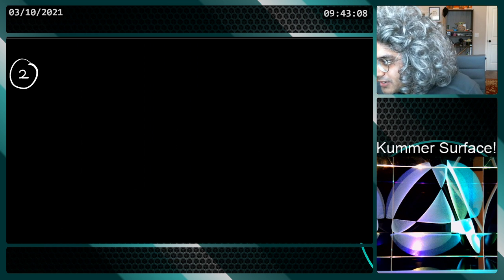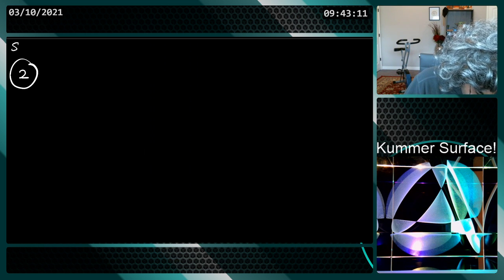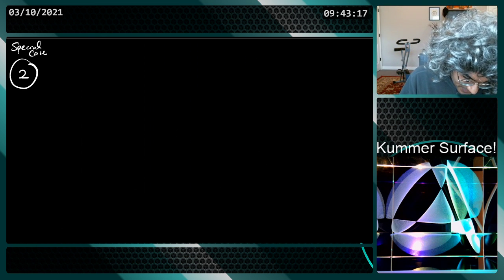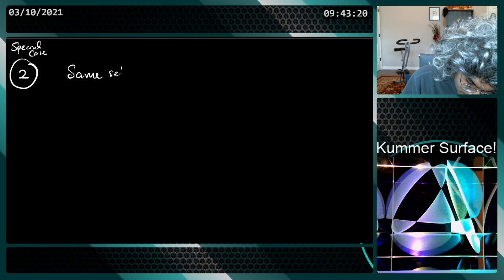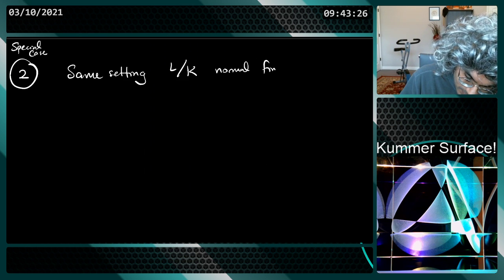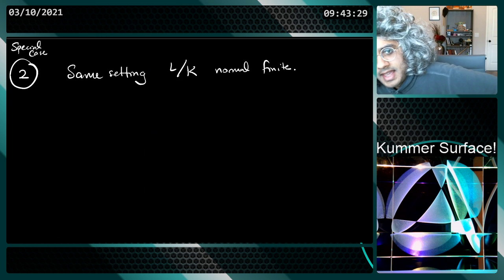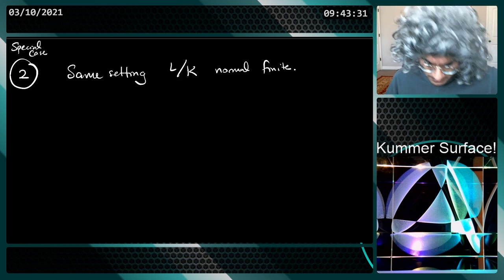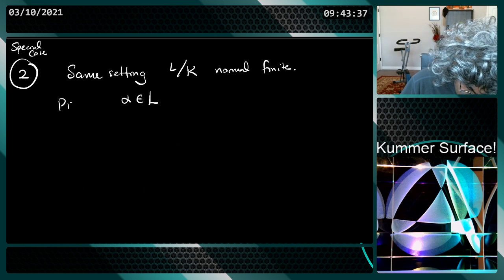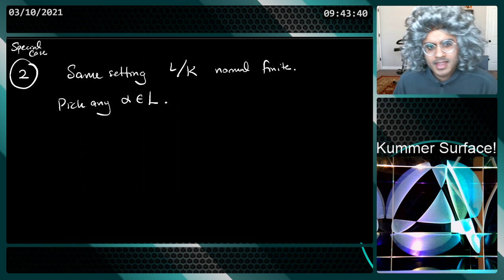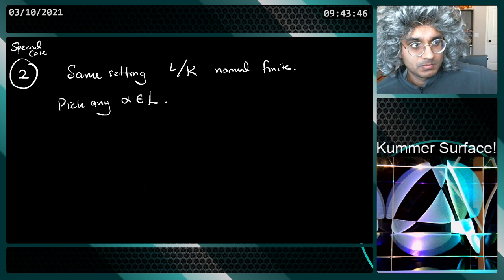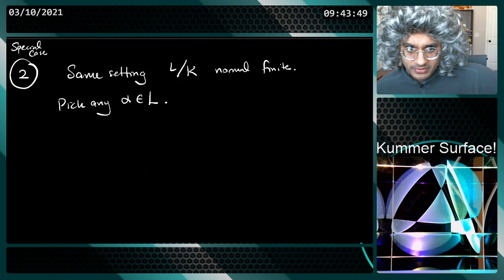Okay? As a corollary, as a special case of this, suppose you have the same setting. And now suppose you take any number in L. Pick any. Now look at its minimal polynomial and choose any one of the roots, where alpha will be one of them.